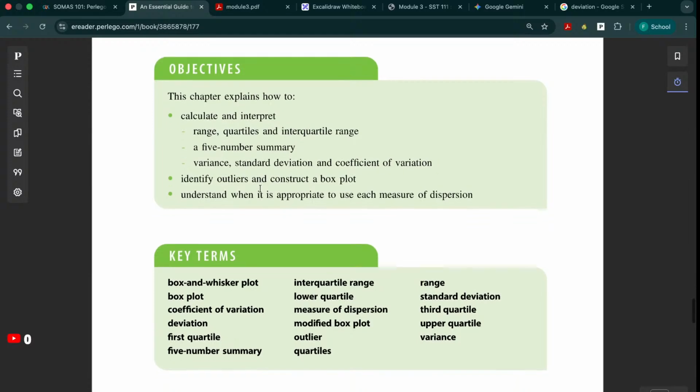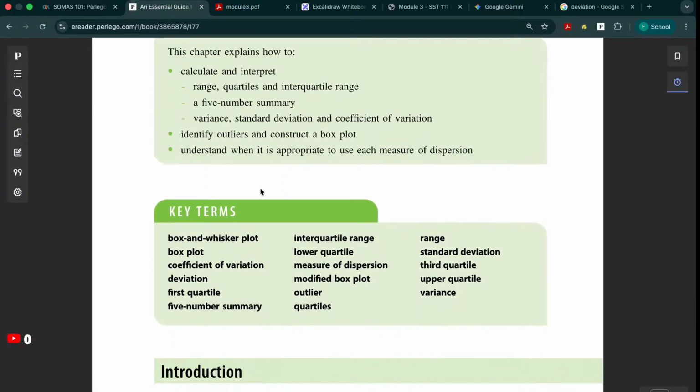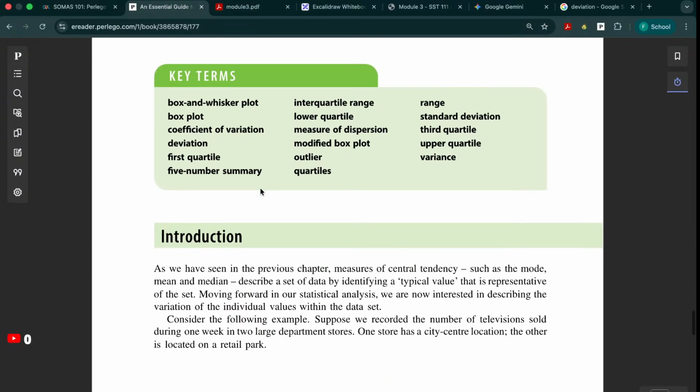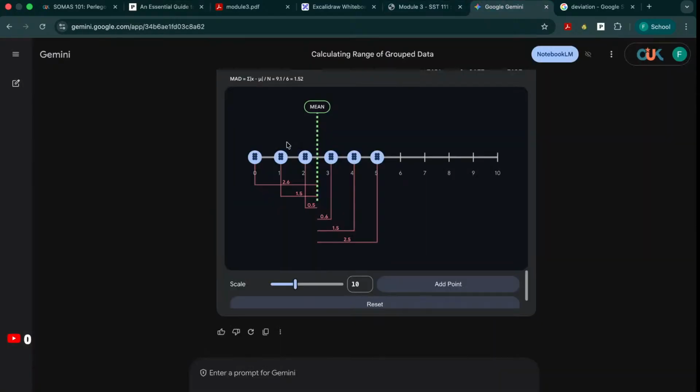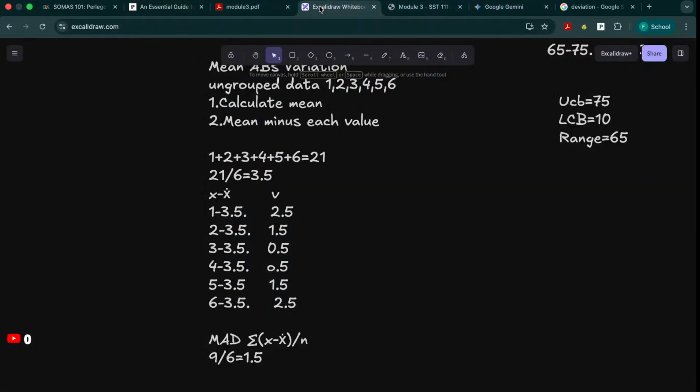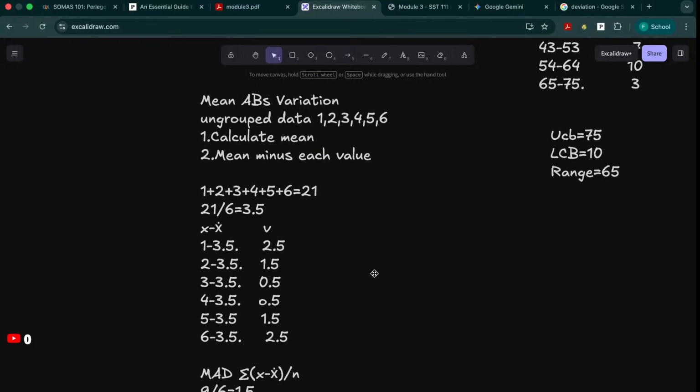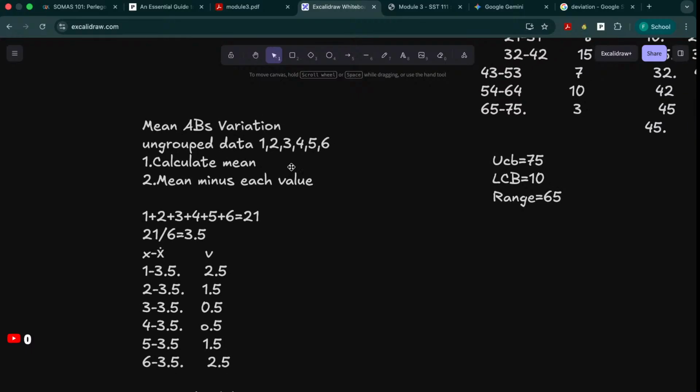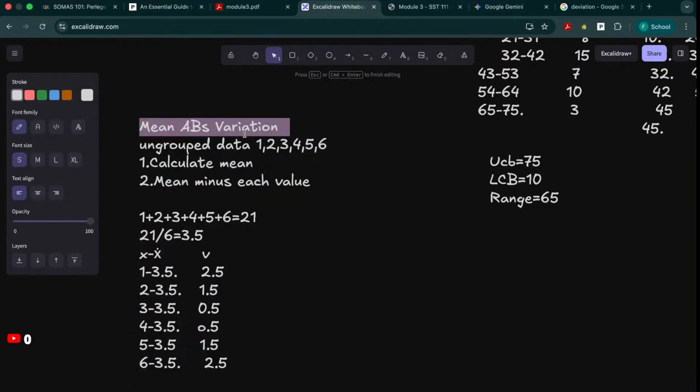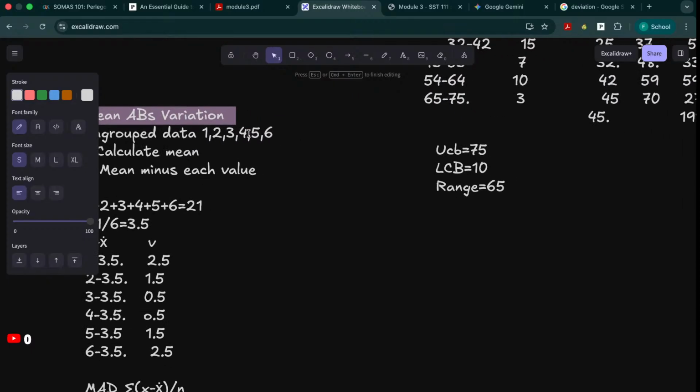It does not have mean absolute deviation, but that is step one. We have understood what mean absolute deviation is and how to calculate it. But now you should be able to do it for grouped data. So we try to do it here.